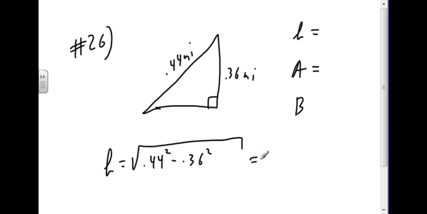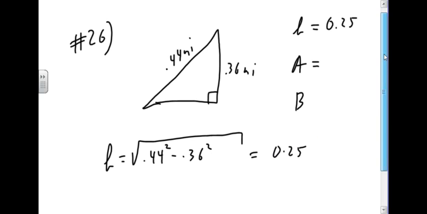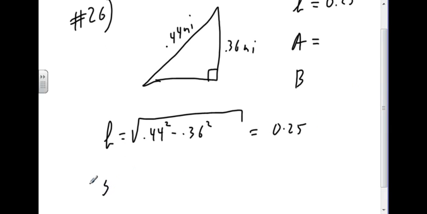Two significant digits, 0.25. Looks like an arcsine function, so we'll use A is the arcsine of 0.36 over 0.44.